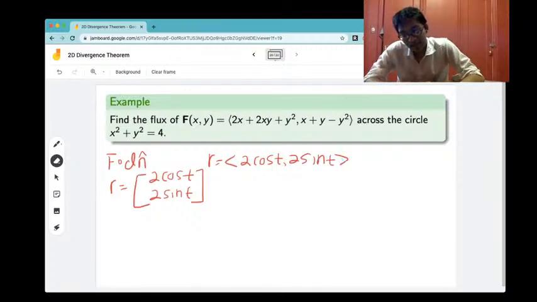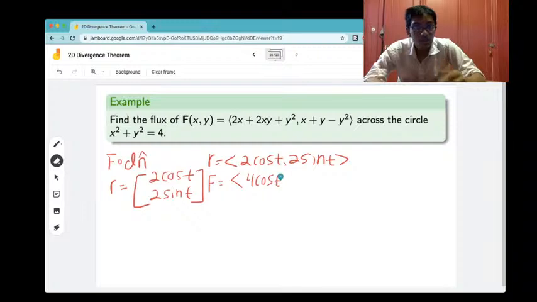And then what's my f going to be? Let's just plug in. So 2x, well, x is just 2 cosine of t. So I'm going to have 4 cosine of t plus 2xy. So I'm going to have 4 sine t cosine t times 2. So 2 times 2 is 4 times 2 is 8.